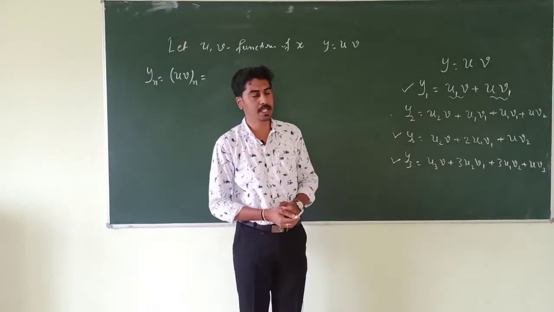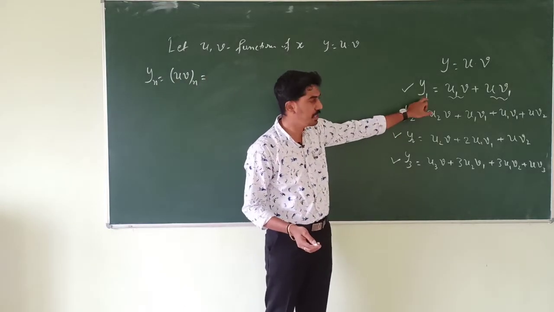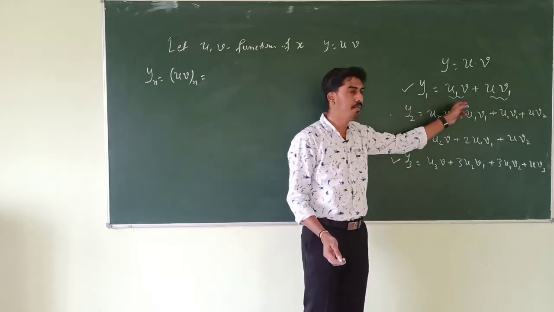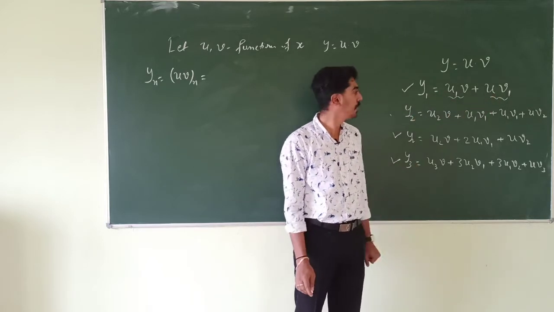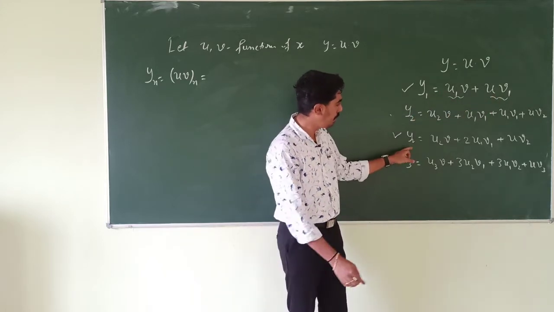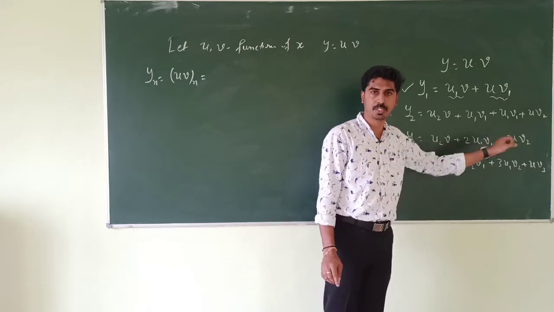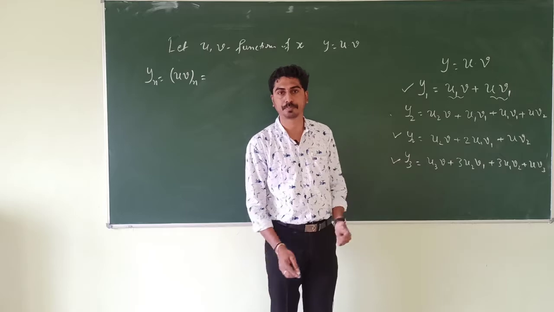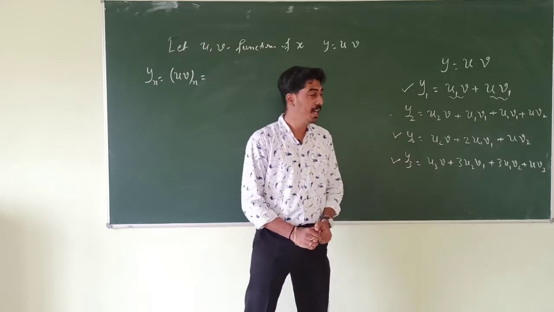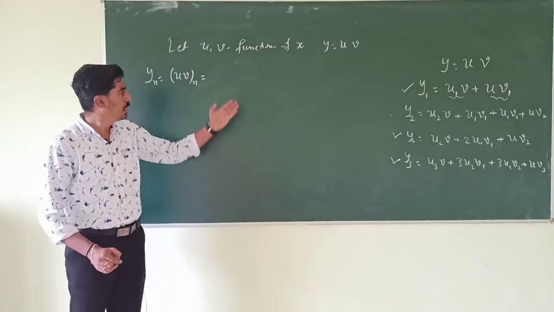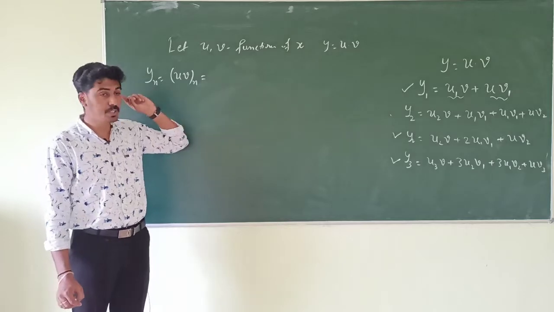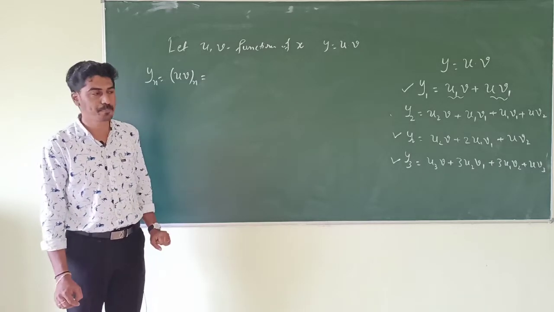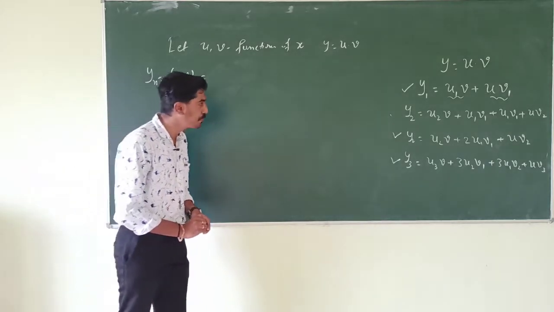First you observe that for the first derivative, we have two terms. For the second derivative, we have three terms. For the third derivative, we have four terms. Obviously, for the nth derivative, I should get n plus 1 terms. That is the first observation.